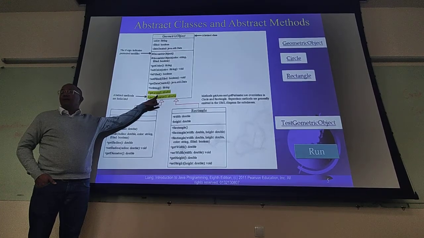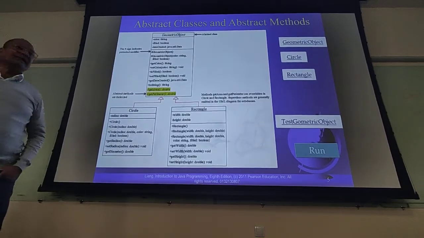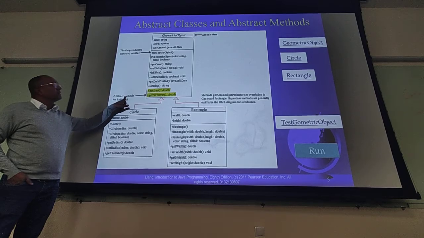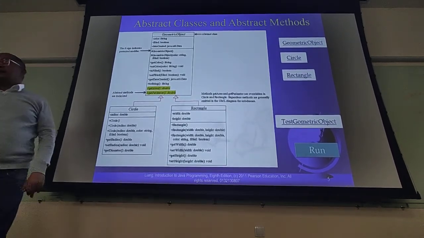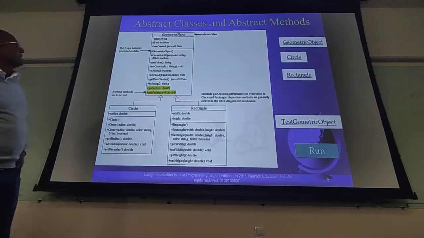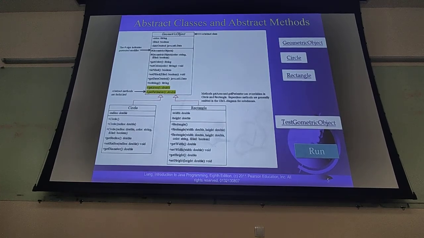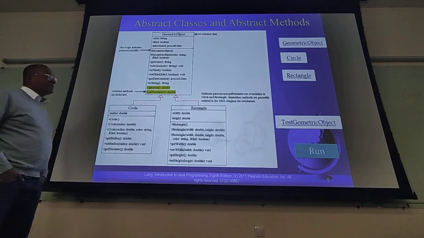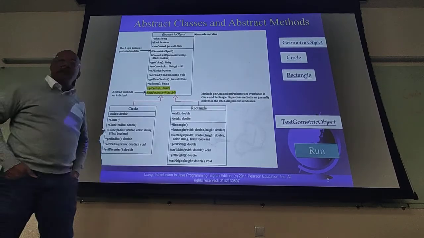Underline means static. When it is italic, it is considered an abstract method. See the class name, it is italic, which represents abstract. Hash represents protected. Are you clear on this? Now what is our topic? How to write an abstract class in Java.